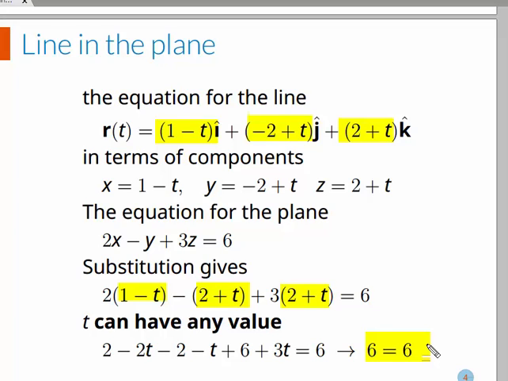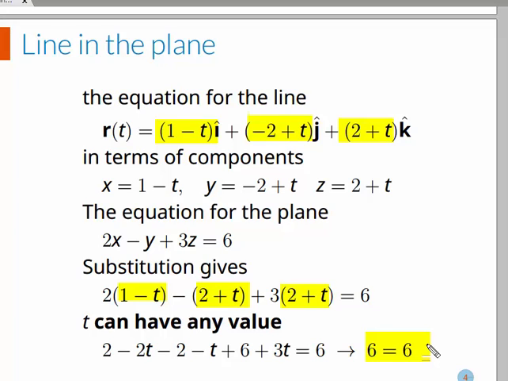That means that t can have any value. Whatever value t has, we will still get 6 equals 6. In this case, the line is lying in the plane because for every value of t, we have an equality here. Meaning for every value of t, there's a point along the line, and that point is also in the plane.